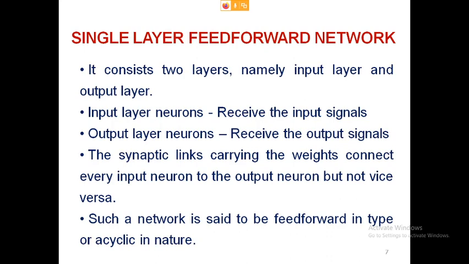First one is the single layer feed forward network. It consists of two layers: one is the input layer, another one is the output layer. Input layer neurons receive the input signals, and output layer neurons receive the output signals.